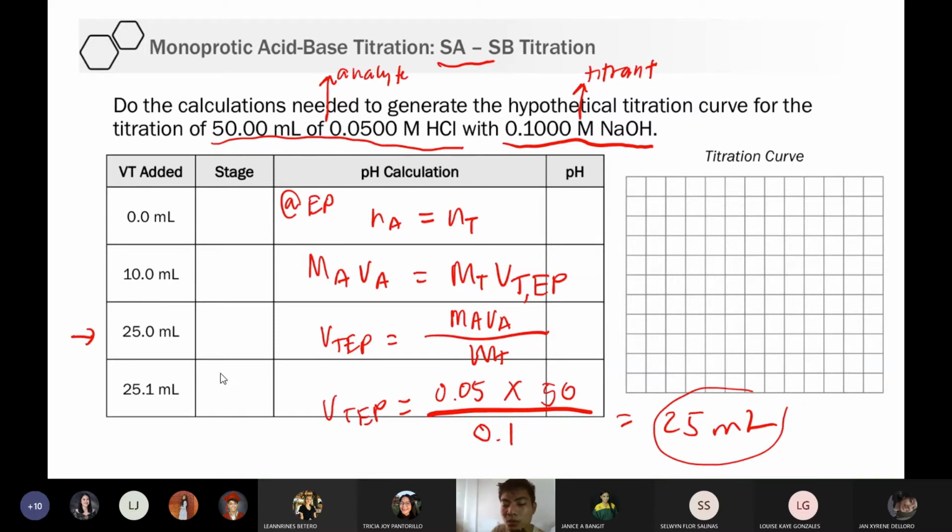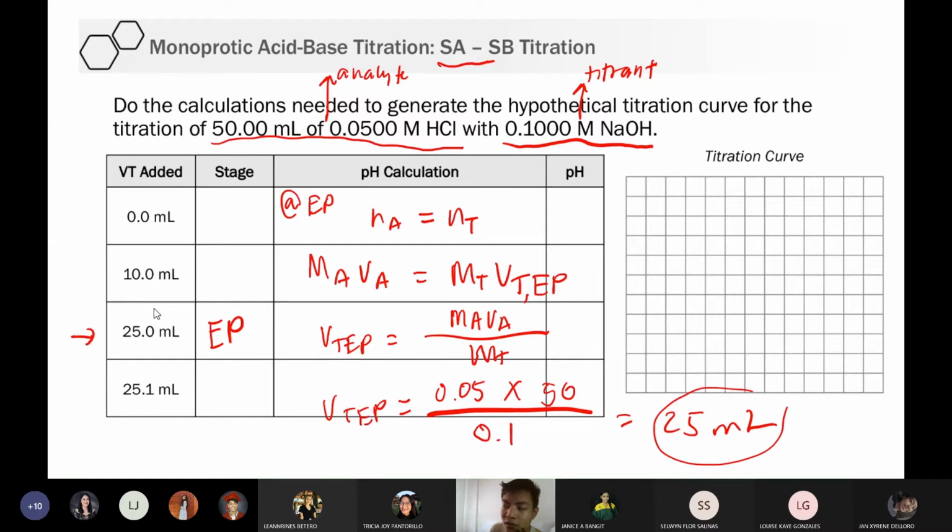Basta alam mo yung equivalence point, pwede ka na mag-assign ng iba't ibang stages kada volume. Sabi sa calculation natin, MAVA equals MTVT at equivalence point. So we solve for the volume of titrant at equivalence point, we get 25 ml. Meaning, yung 25 ml na to, this is my equivalence point.